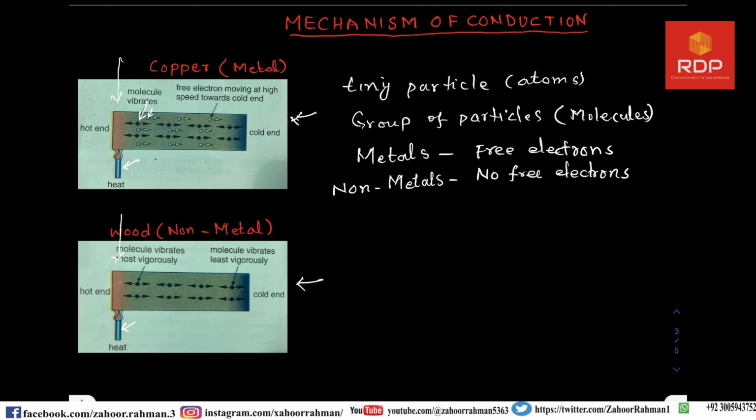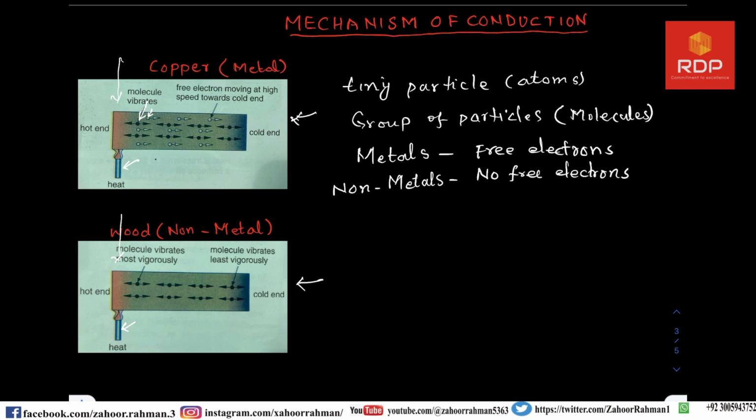Similarly, the second molecule then starts vibrating vigorously. So they also transfer energy to the other molecules, making them vibrate as well. Thus, some of the kinetic energy of the vibrating molecules at the hot end gets transferred to their neighbors.